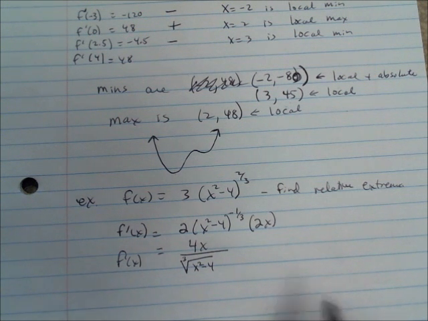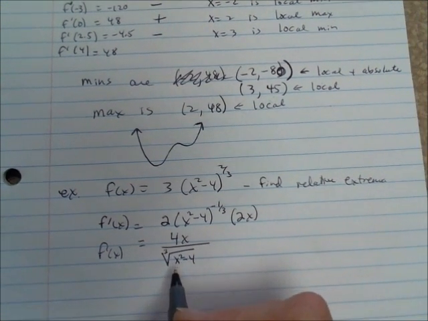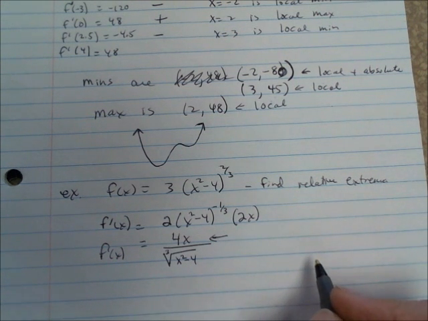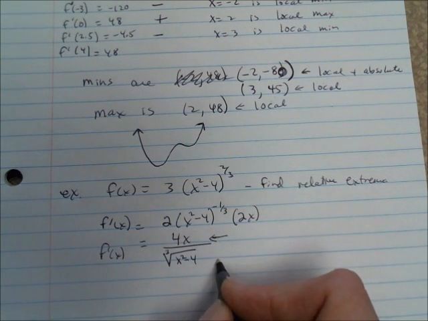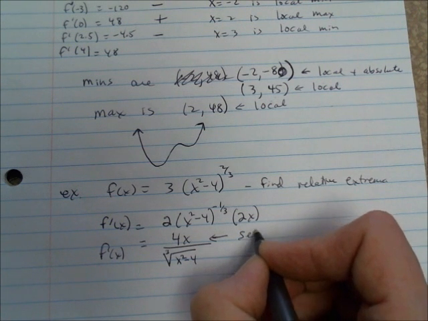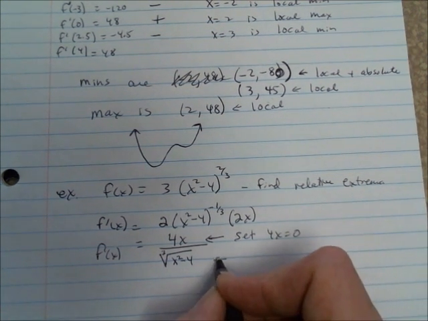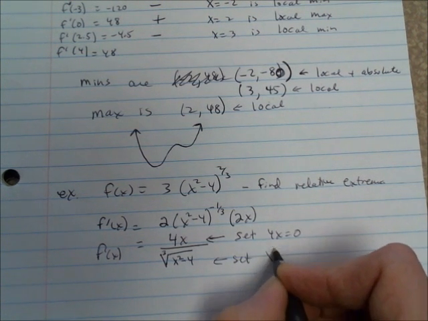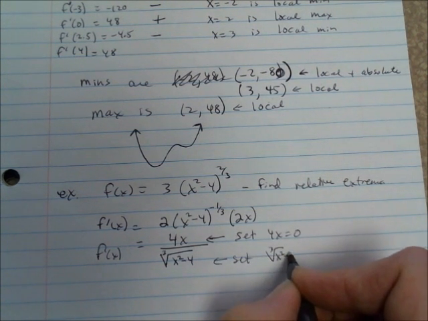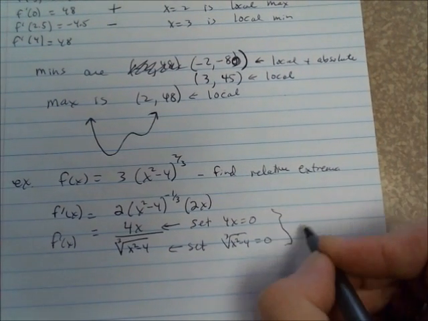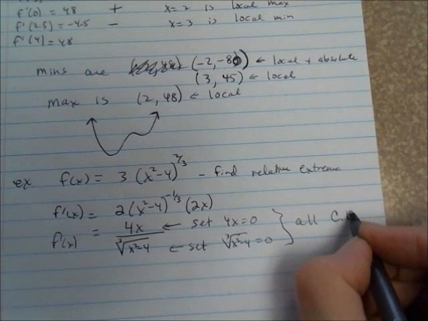Step 2 says you're going to set this equal to 0, but the critical values are when both the numerator equals 0 and the denominator equals 0. So we set 4x equal to 0, and we set the cubed root of x squared minus 4 equal to 0, because both of those give critical values.